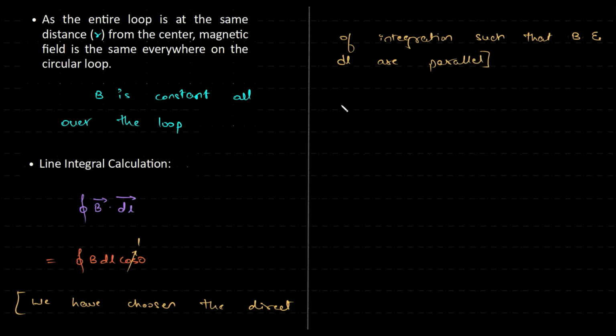So B is common, and the integration of dl, B is constant, that's what we have written over there. So we can write this as 1. And the integration of dl over the entire loop is equal to how much? Yes, 2 pi r.